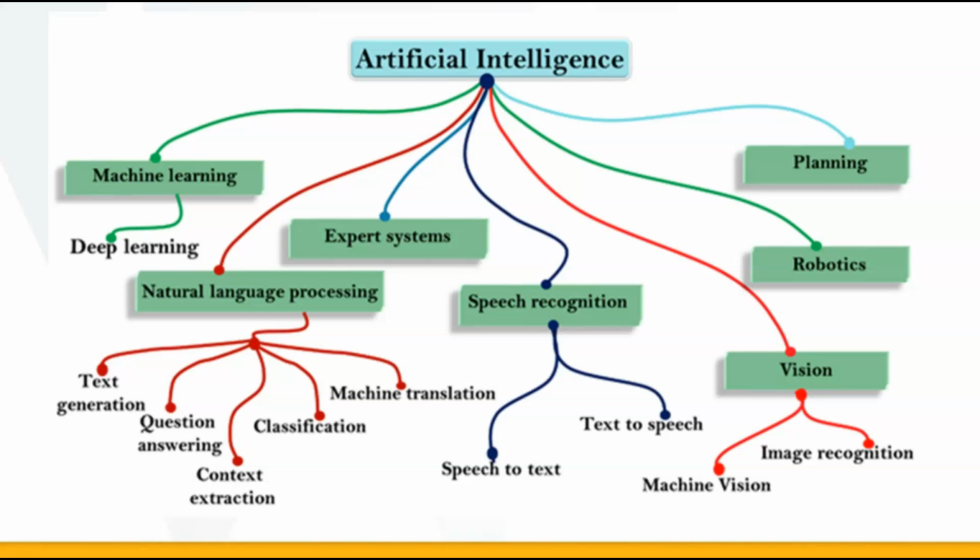There are a lot of different possibilities, but even under natural language processing, there are a lot of different categories like text generation, question answering, context extraction, classification, and machine translation. In addition, there's actually a lot of other different tasks that NLP is capable of.